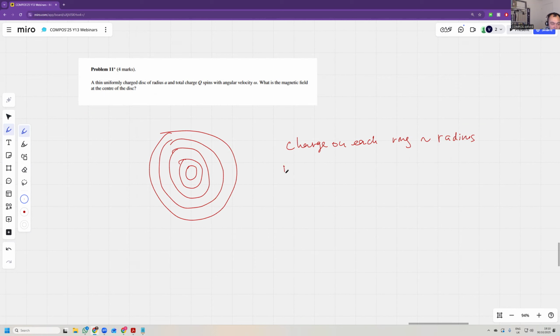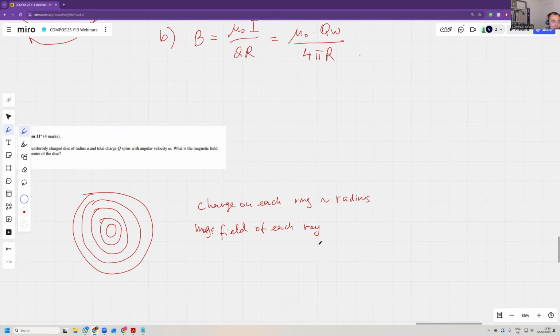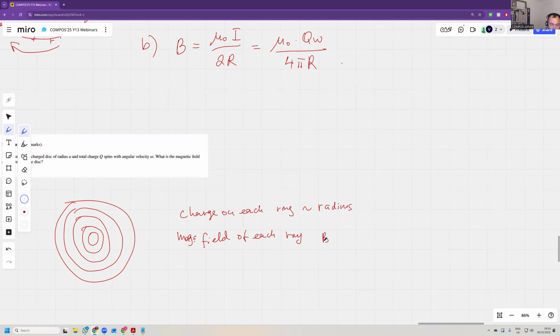The magnetic field of each ring is Bi equals mu 0 Qi omega divided by 4 pi Ri, where Qi is the charge of ring i and Ri is the radius of ring i.